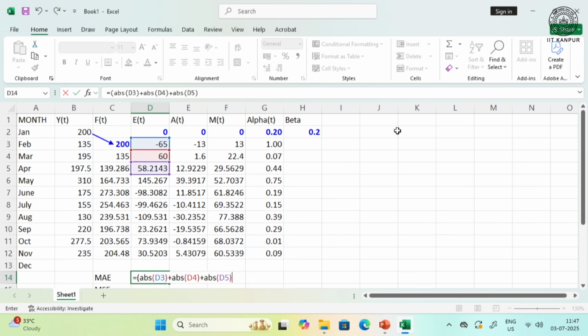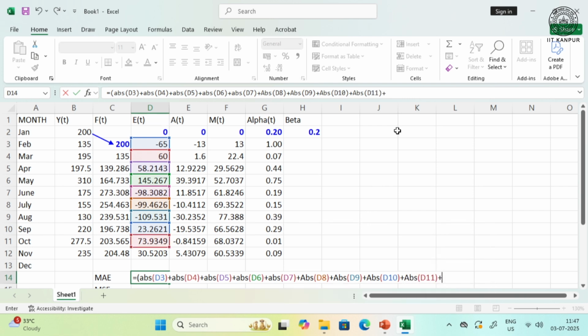If you see, it is including one by one all the errors, plus absolute value of D6 plus absolute value of D7 plus absolute value of D8 plus absolute value of D9 plus absolute value of D10 plus absolute value of D11, and last was basically absolute value of D12.